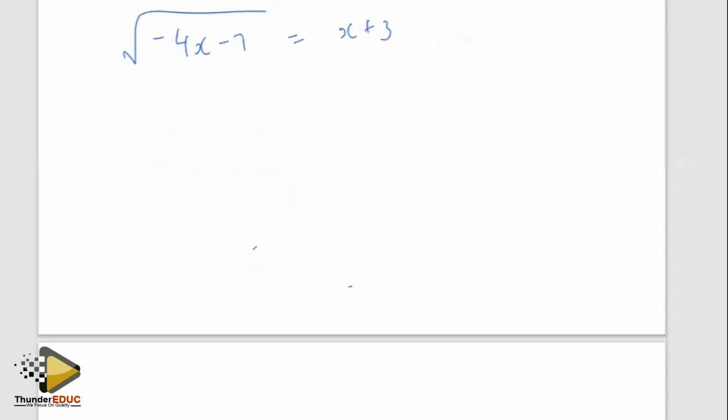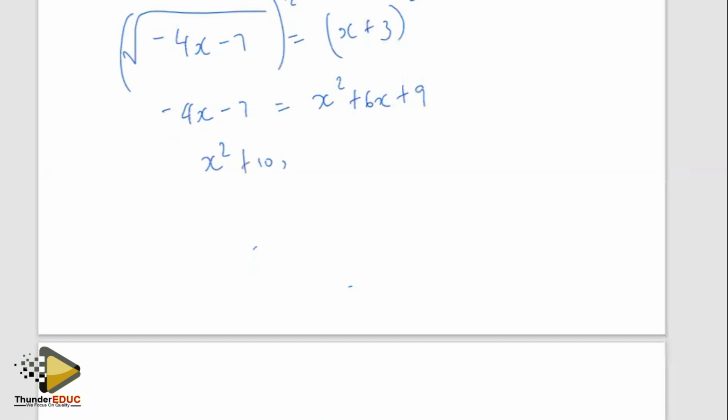Step number 2, we need to square both sides to get rid of the square root. So that's going to be negative 4x minus 7 equals x squared plus 6x plus 9. Let's create a standard equation. So x squared, when the 4x goes that side, it's 10x, and when this comes this side, it's 16 is equal to 0.